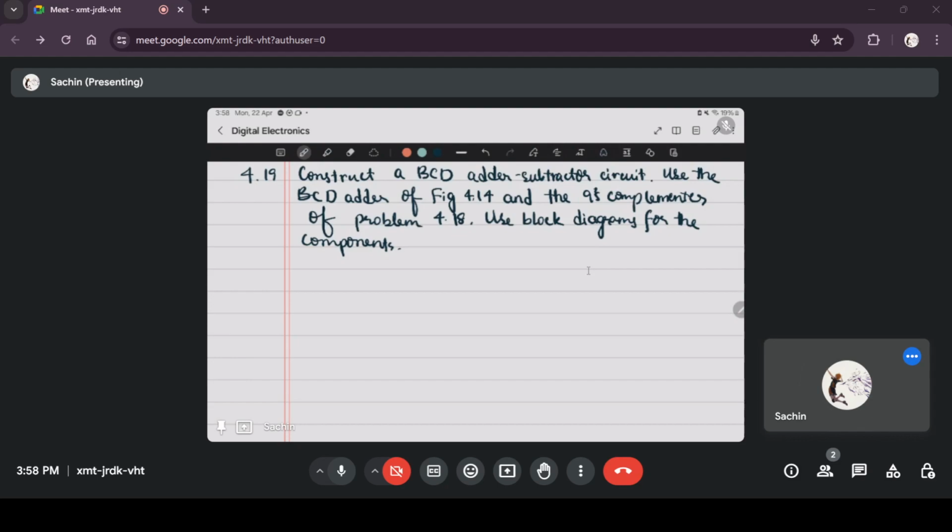Let me get figure 4.14. Give me a minute.